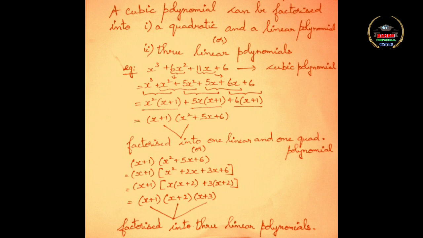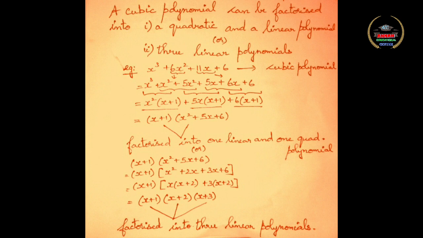You have learnt the factorization of a cubic polynomial in class 9. I have shown you the factorization of the cubic polynomial. So now you can see that the given cubic polynomial is factorized into x plus 1 into x squared plus 5x plus 6. You can see that the given cubic polynomial is written as a multiple of a linear polynomial and a quadratic polynomial.